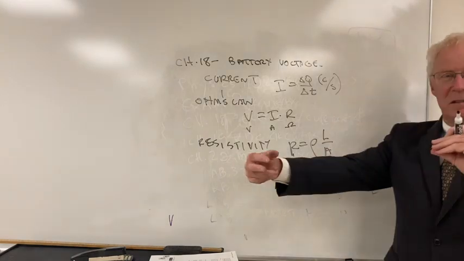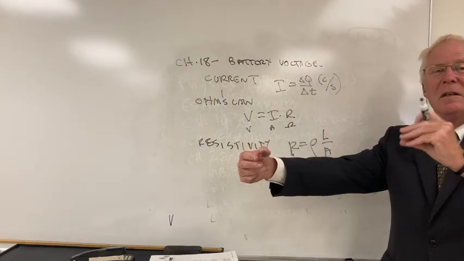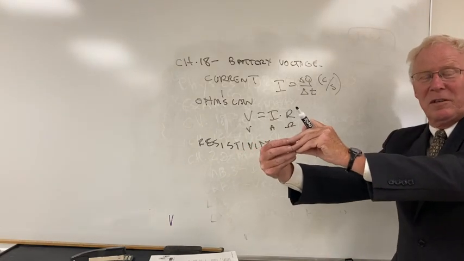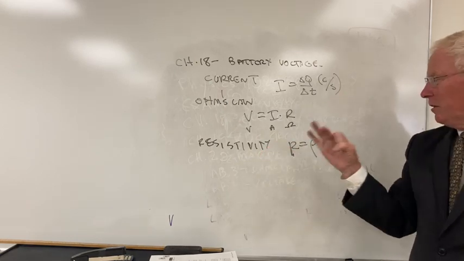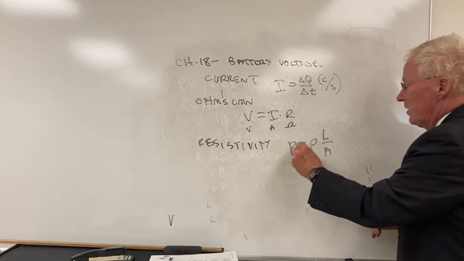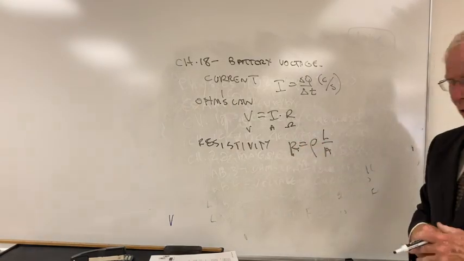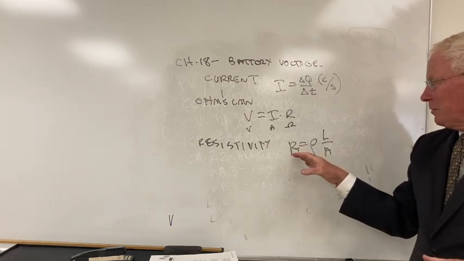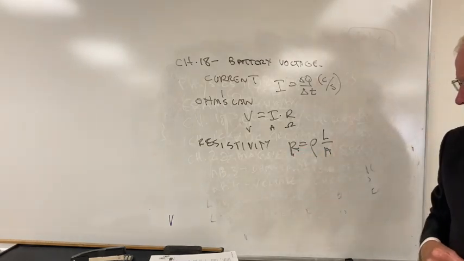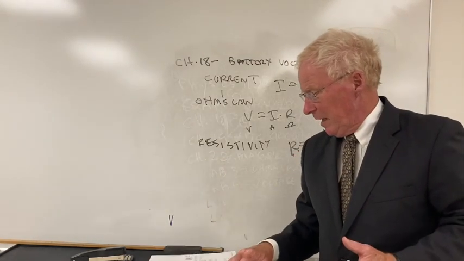The longer it is, the more resistance the current has to flow, and the smaller the area, the increased resistance. This is, again, analogy is just like a water pipe, right? Smaller pipe is going to increase the resistance to flow. All right, so that's that part.